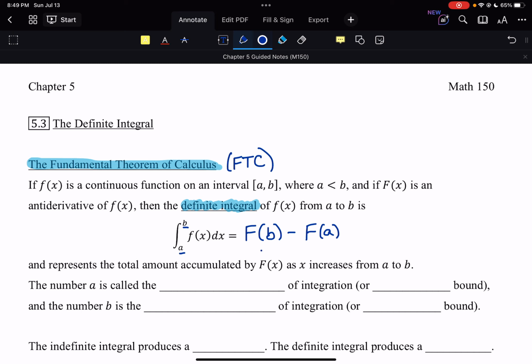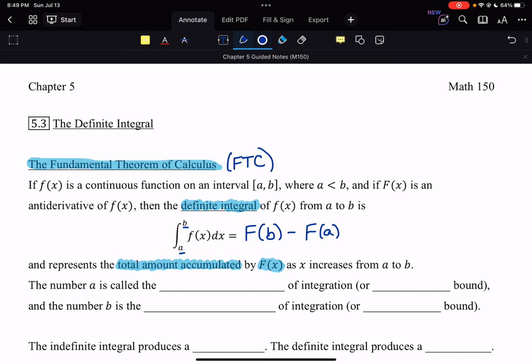So we take the antiderivative of our function, and then we evaluate it at the upper endpoint, and then evaluate it at the lower endpoint, and then subtract. So find the difference between the two of them. And that's going to give us the value of the definite integral. This value, whatever it is, is going to represent the total amount accumulated by that antiderivative function as x increases from a to b.